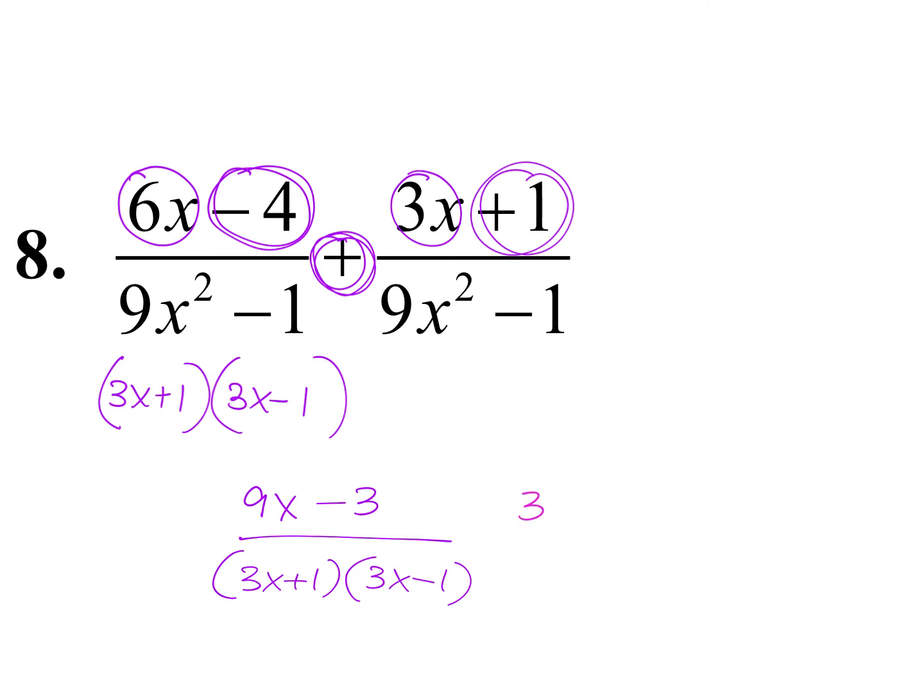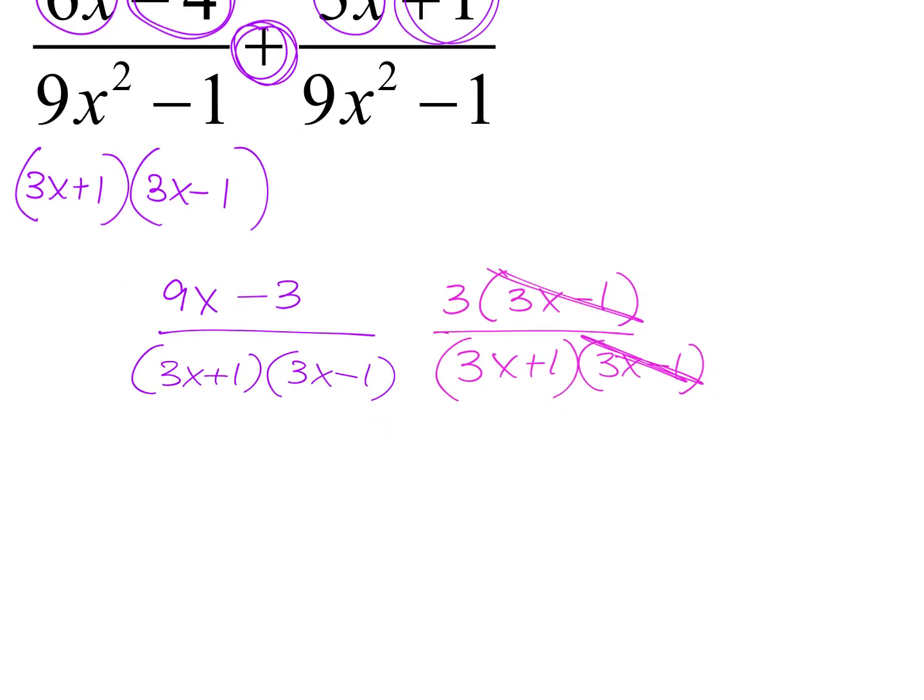So if I factor out a 3, I have 3x minus 1, and then on bottom 3x plus 1 times 3x minus 1. So these will cancel out, and what you're left with is 3 over 3x plus 1. Does that make sense? Always factor it out if you can.